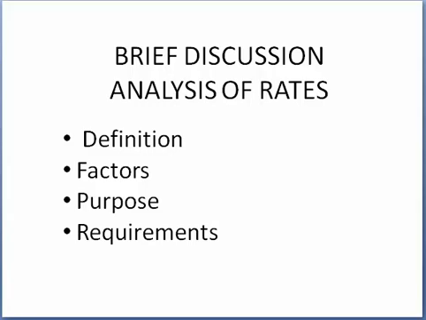This is an important factor for preparing analysis of rates. Then the cost of machinery, what machinery is required for the particular item, and at what cost that machinery is available to us on site. That is also an important factor. Then overhead and establishment charges and contractor's profit. These are the main factors which contribute to the analysis of rates.